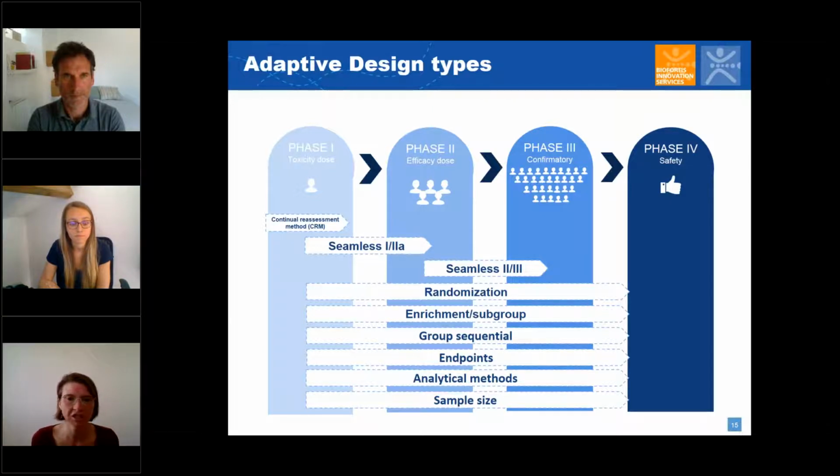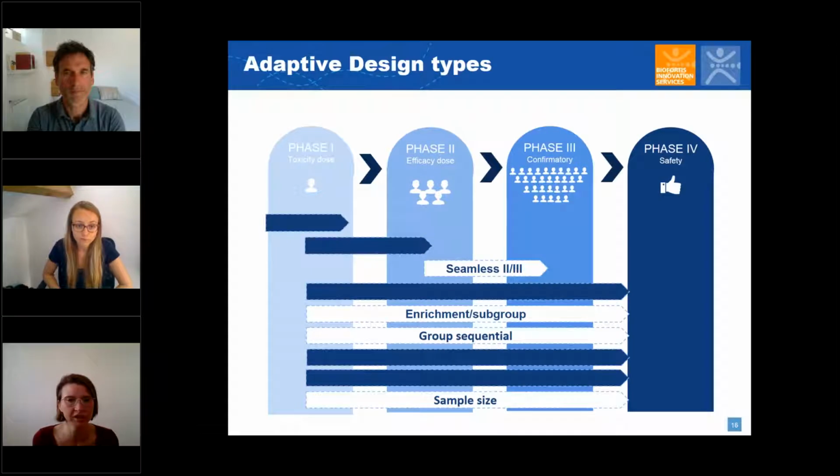Some of these adaptations include adaptive randomization, the enrichment or subgroup design, the group sequential design, the change in endpoints or methods for data analysis, and the sample size reassessment. So today we are not going to detail all the adaptive designs. We will focus on the most common and interesting according to us: the seamless phase 2-3 trial, the enrichment or subgroup design, the group sequential design, and the sample size reassessment.